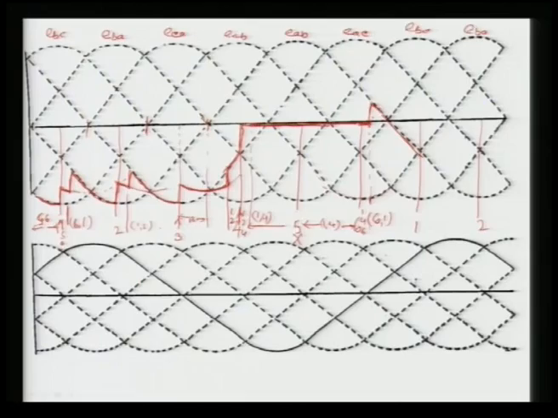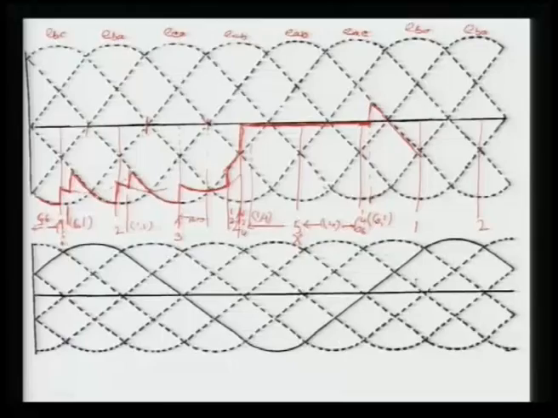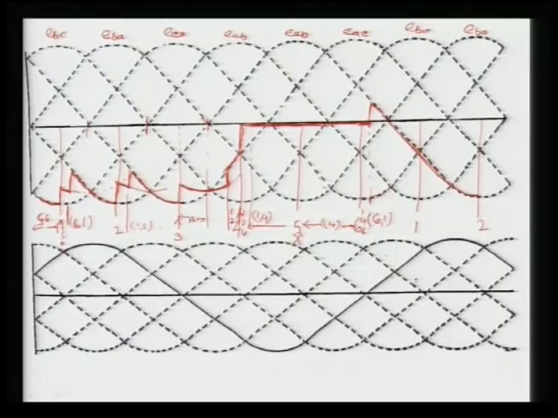Now 6, 1 is conducting, and we are giving gate pulse to 1, it will still be conducting, so it will continue up to here. Now this is turn off 2. Once you give the pulse here, there is a commutation between 6, 1, 2, meaning 6 and 2 commutation, and it will take place as usual, and now this voltage will repeat.